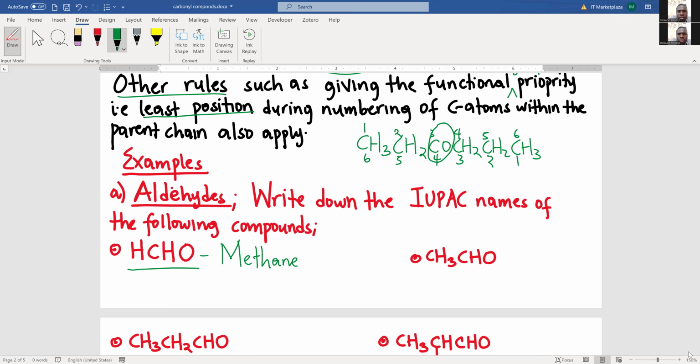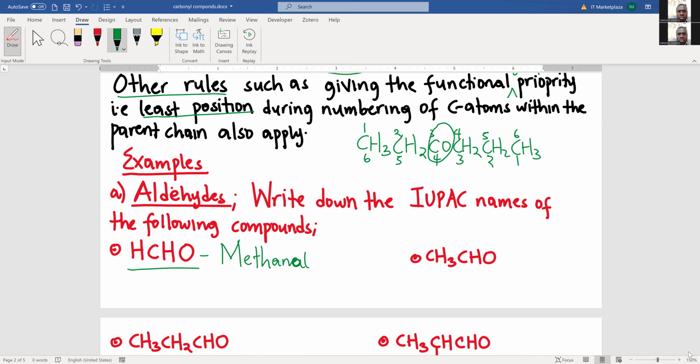According to how I have interpreted the IUPAC rules, instead of having -ane, we replace -ane with -anal, since this is an aldehyde, to come up with methanal. Then in the next example, there are two carbon atoms, and if it is an alkane, that is ethane.